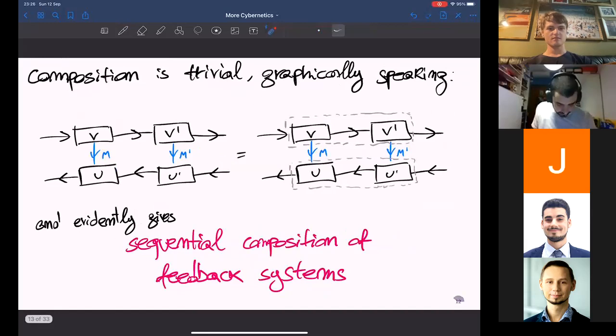And then, since I told you that optics are a kind of morphism in a category, if you ever read the definition of a category, you know that the main thing about a category is that morphisms compose.